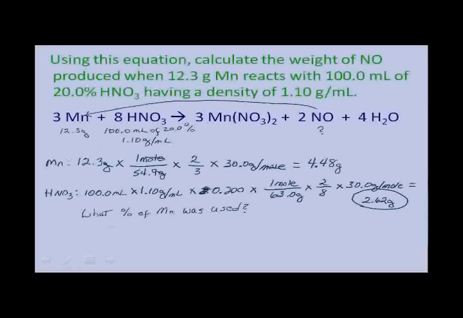You see, if we run out of the nitric acid, we're going to produce 2.62 grams of nitric oxide.